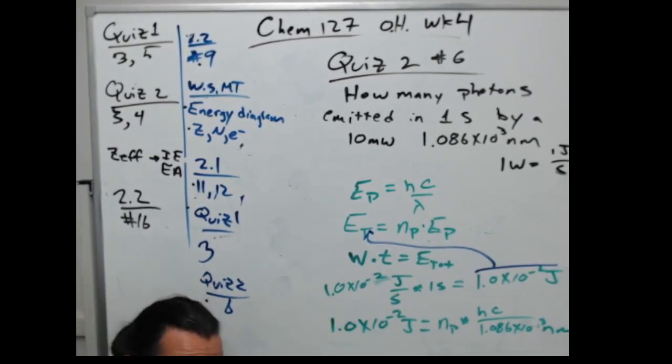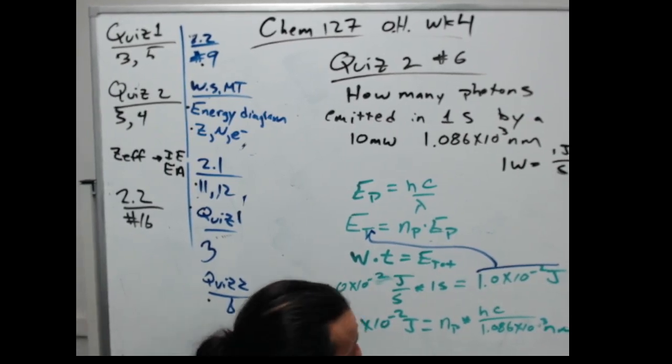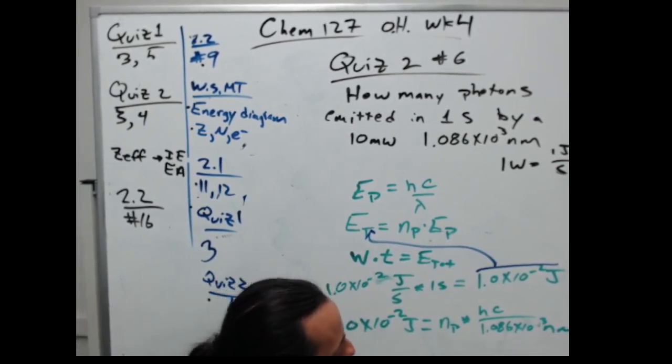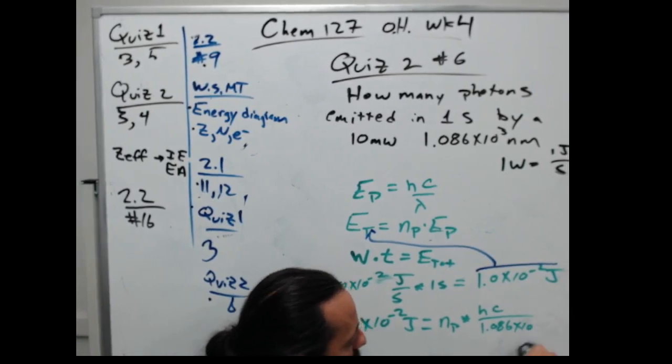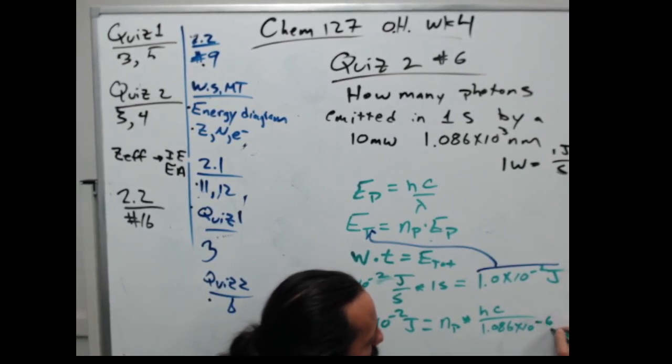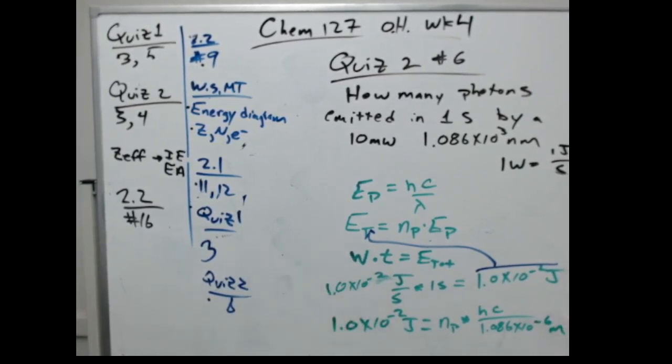I have to do some conversions. 10 to the positive 3 nanometers is 10 to the positive 3 times 10 to the minus 9, which is 10 to the minus 6 meters. Was that conversion okay? That was a pretty quick conversion. 10 to the minus 6 meters. And now I'm just solving for the number of photons.